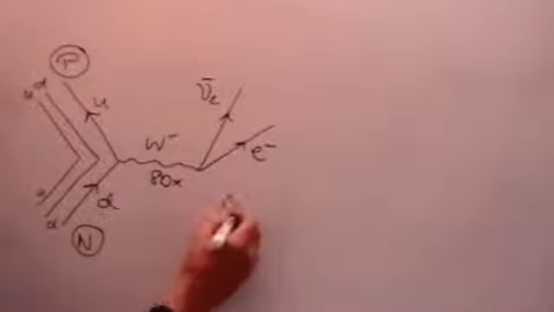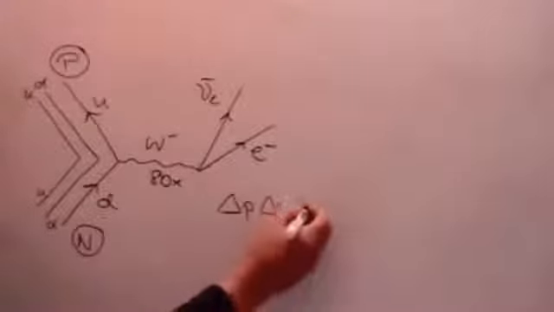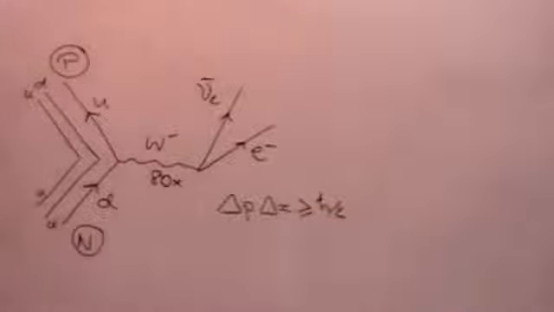How can that happen? Well, the answer is that we invoke the essential bits of Heisenberg's uncertainty principle, which is usually written that the uncertainty in momentum times the uncertainty in position is greater than or equal to h bar over 2. That's the standard form of Heisenberg's uncertainty principle.